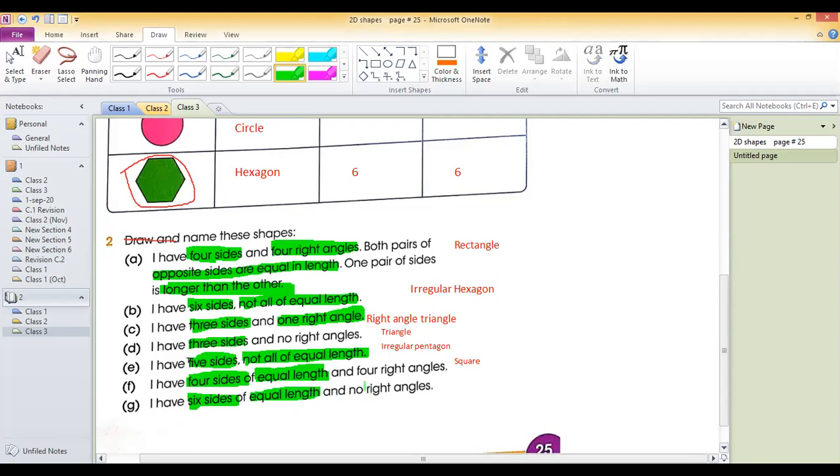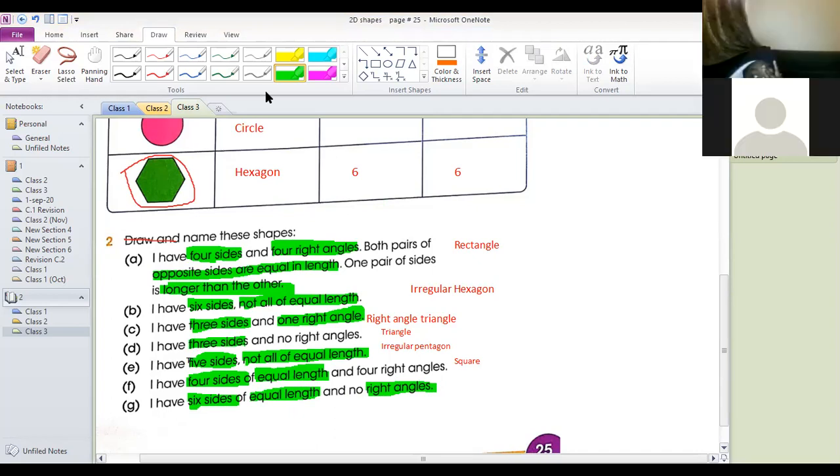You know that in a hexagon there are no right angles. So when there is equal length, what will it be? Regular hexagon or irregular hexagon? Regular. Very good. So it is a regular hexagon.